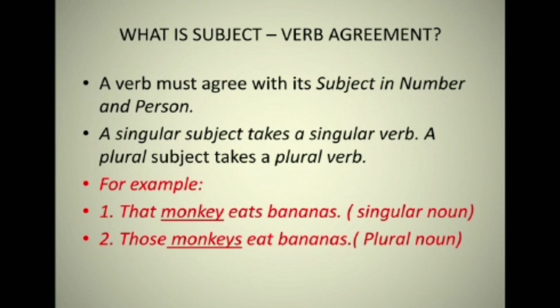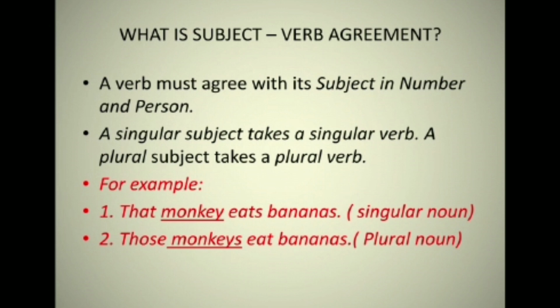Take these two sentences. That monkey eats bananas. Those monkeys eat bananas. In the first sentence, we see the singular noun is the subject, that is monkey. Noun means name. So here monkey is the name of an animal and this is the subject also, and the verb is eats.